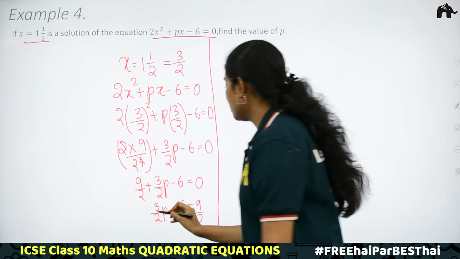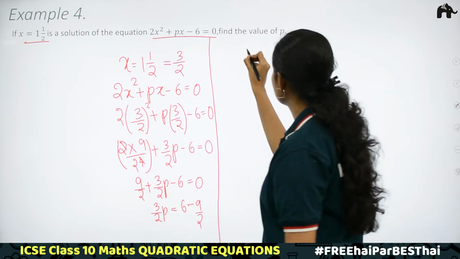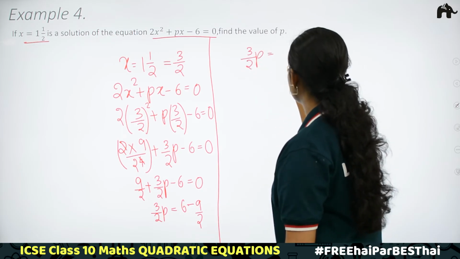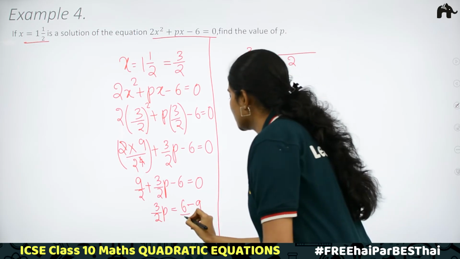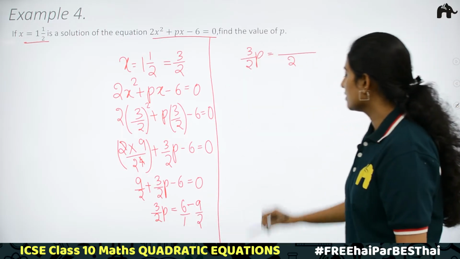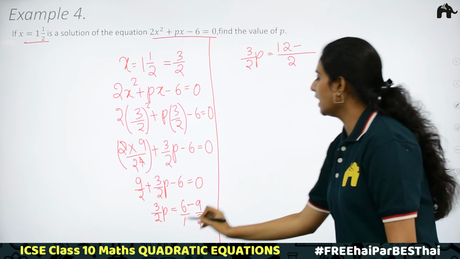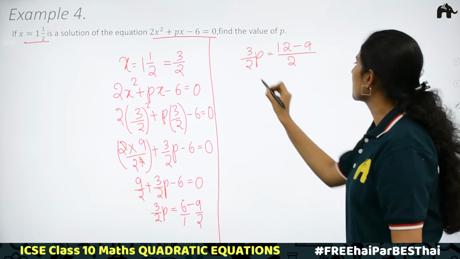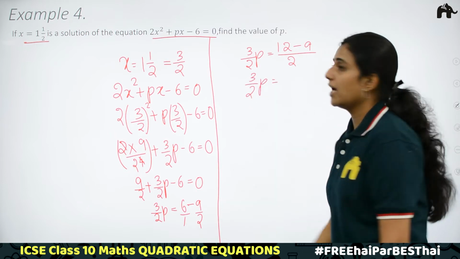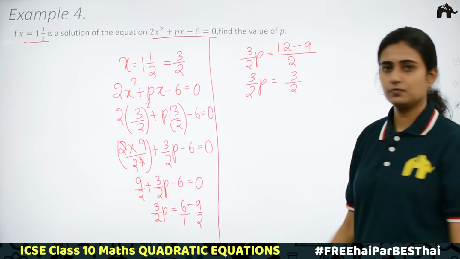Okay, 3 by 2p is equal to 6 minus 9 by 2, which means 3 by 2p is equal to, taking LCM, here the denominator is 1, 6 by 1. You will be getting 6 into 2, 12 minus 9 into 1, 9. 3 by 2p is equal to 12 minus 9 is 3 by 2.